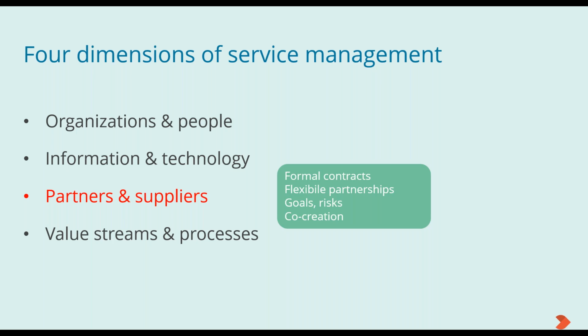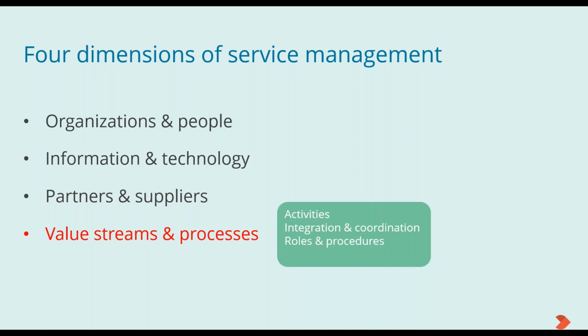The third one, partners and suppliers, something regarding working together with other parties. You could think of things like SLAs or even XLAs. And then value streams and processes. Basically what helps your organization transform input into output, as efficiently and effectively as possible, of course.